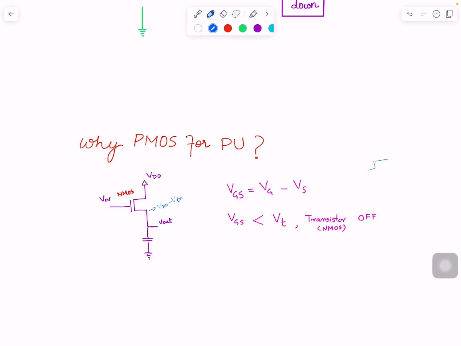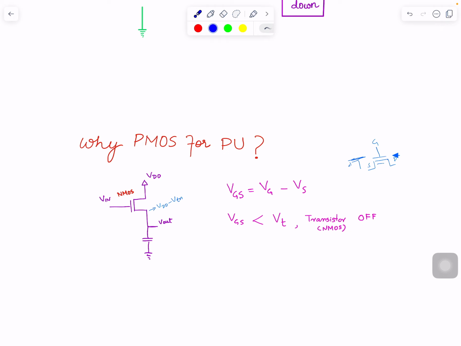We have the channel here, the gate there, the drain and the source. The node that is at higher potential is the drain, and the node at lower potential is the source. But in this case, this point we connect to VDD all the time, so this is the drain. And this point, where the voltage swings, sometimes lower and higher, will be the source. So that is an important factor.